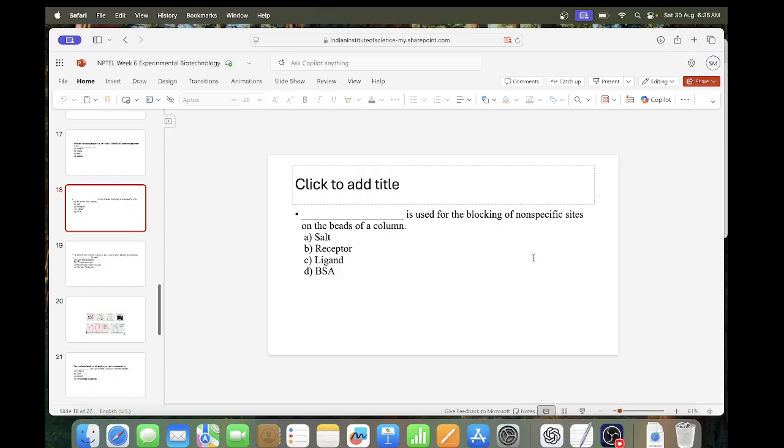A probe could be anything. It could be something that contains a fluorescent tag, or something that is used in amplification, like a primer. A probe could be anything, but that will be specific. Now the question is about blocking non-specificity.